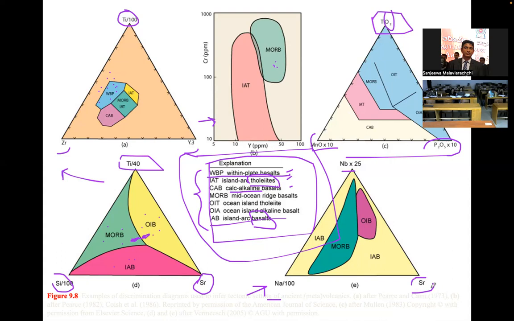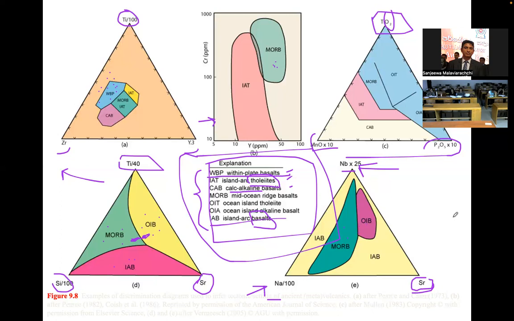Strontium is a subalkaline type element, a large ion lithophile element, and niobium is a high field strength element. So three entirely different from each other. So your interpretation should be more robust in a diagram like this, if you get it well plotted.